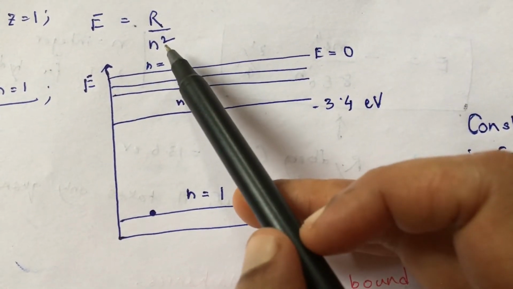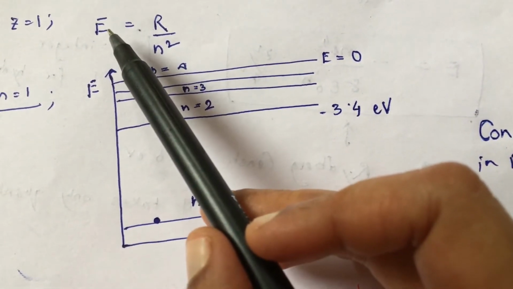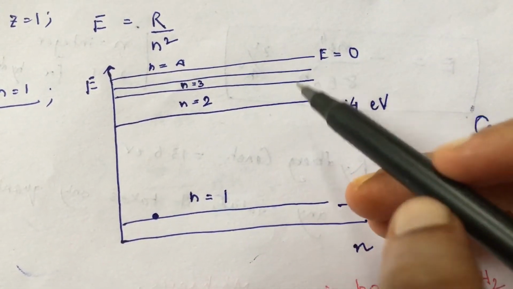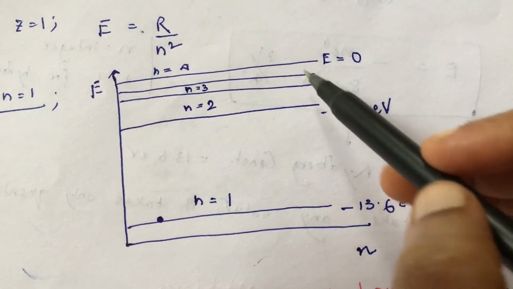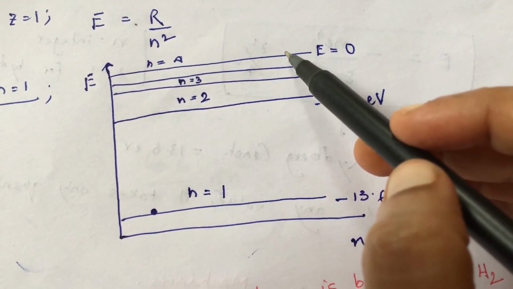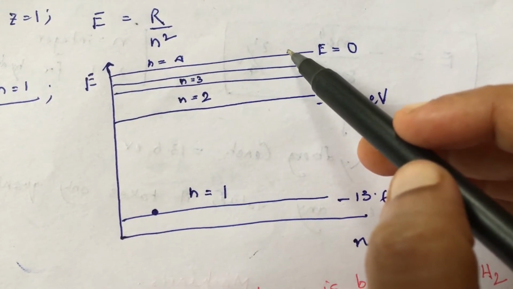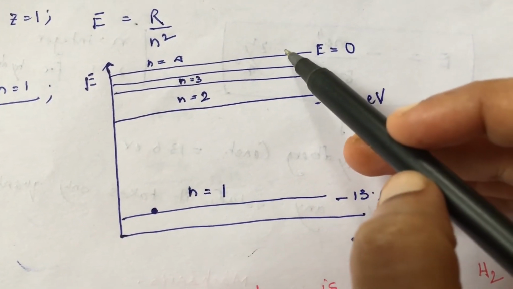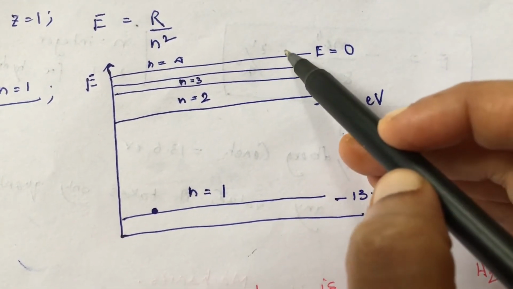If I put n equal to infinity, only then will I get 0. And if I put the electron here, then it is eligible to be a free electron, to leave this system.